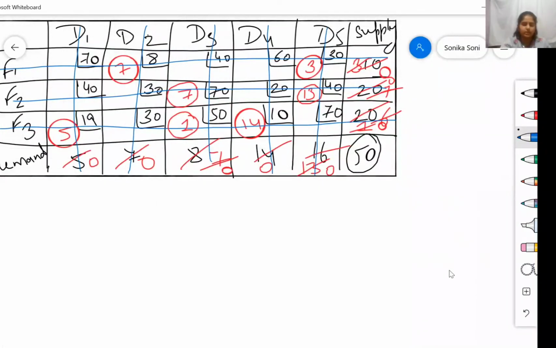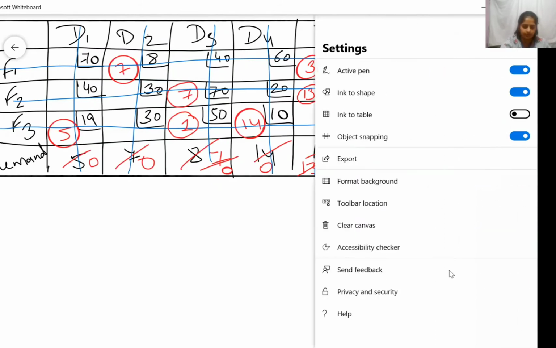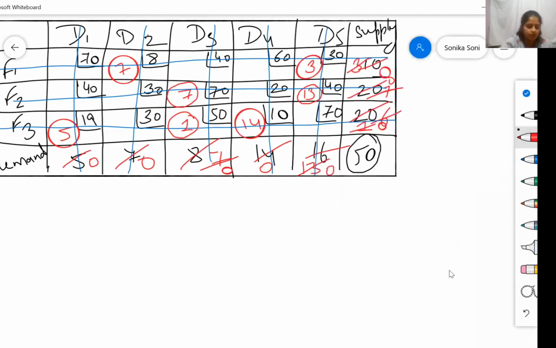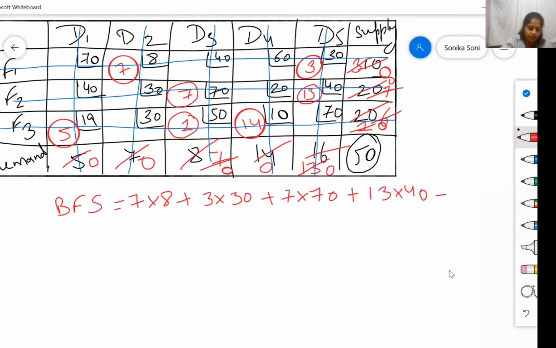We multiply cost into allocated amount. The basic feasible solution, which is the total transportation cost, is equal to 7 into 8, which is F1 D2, plus 3 into 30, F1 D5, plus F2 D3, 7 into 70, plus F2 D5, 13 into 40, plus F3 D1, 19 into 5, plus F3 D5, 1 into 50, plus F3 D4, 14 into 10.